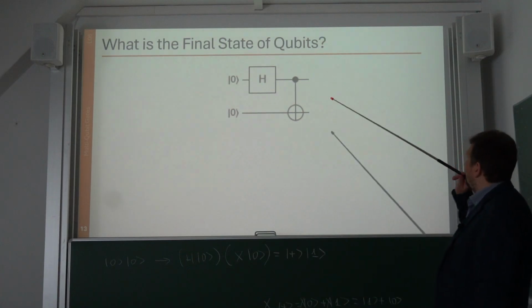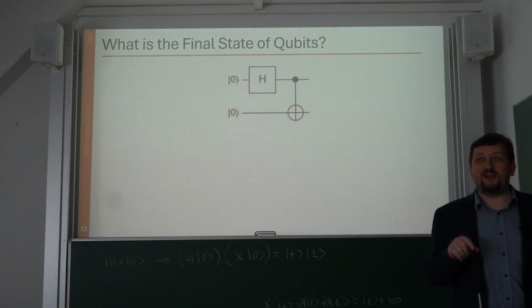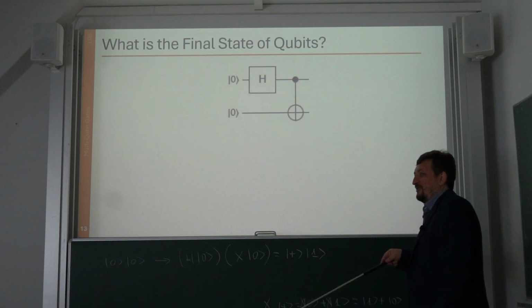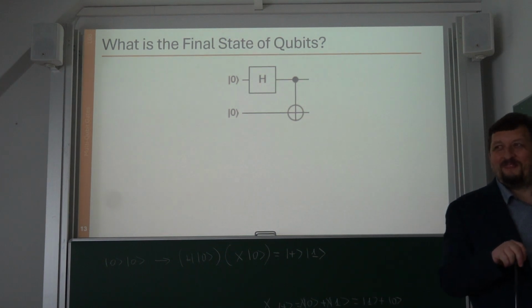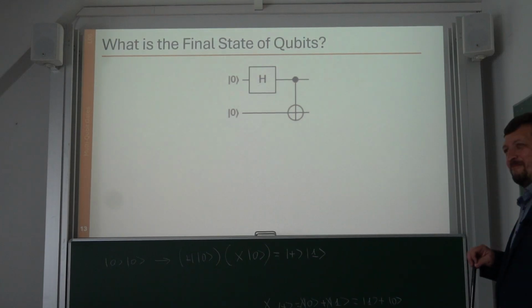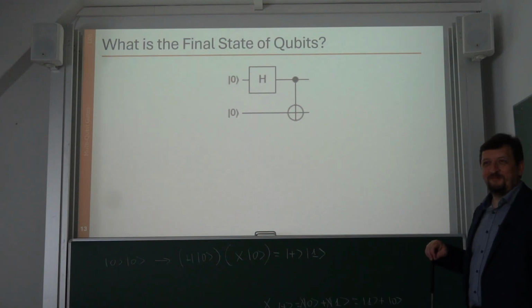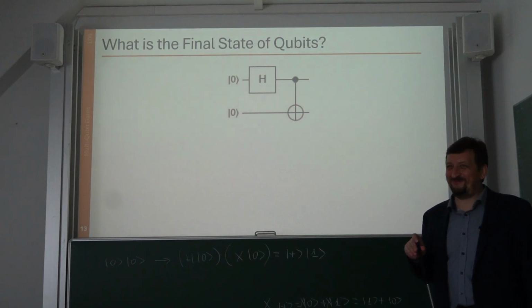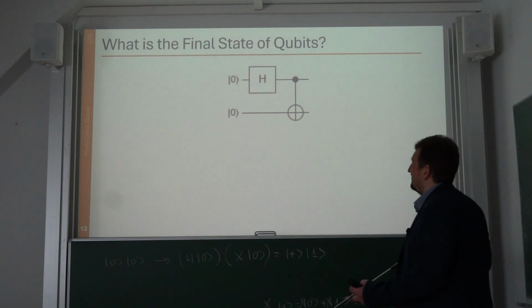Okay, and now what about this circuit? What will be the end state of two qubits if we run this circuit? Control, does it always measure from the z-axis?